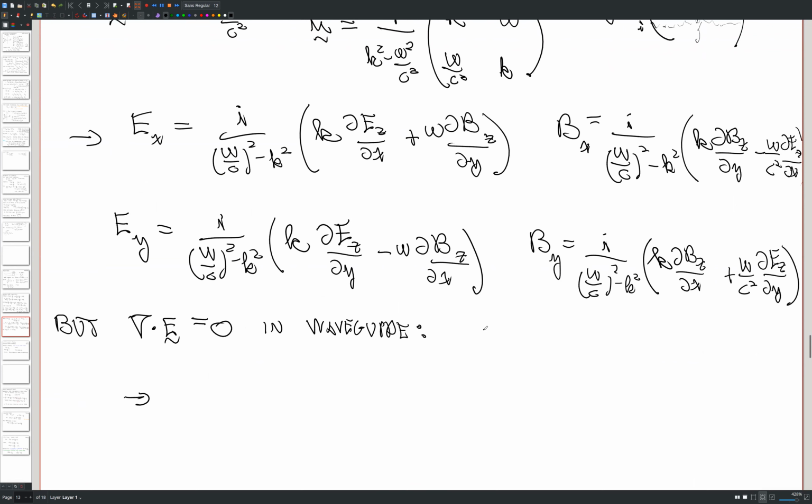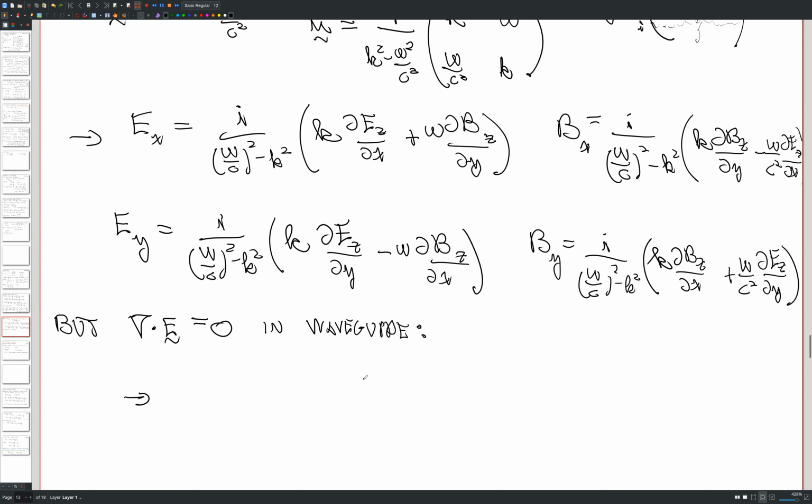Okay, the cross terms fall out. So for example, the dBz dx dy, that's coming from, you know, I do dx of this, I do here dx dy of Bz, but then I'd have to do dy of this one, giving me minus the same thing. So this falls away. And then here I keep a second derivative of Ez with respect to x, a second derivative of Ez with respect to y.